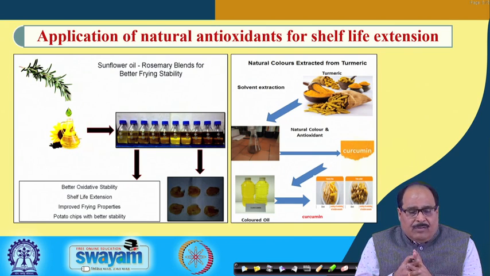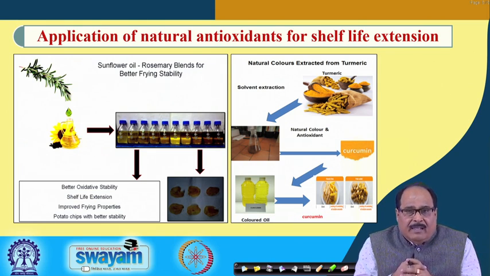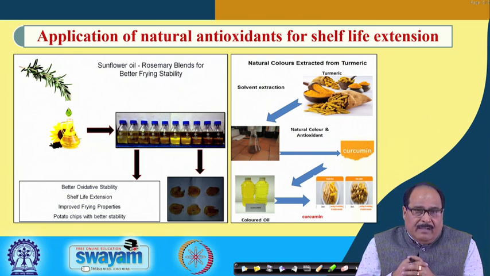So, these natural antioxidants have a lot of potential. They can be used for shelf life extension of food materials. As I told you in the beginning of this lecture itself, in our laboratories we have worked on the use of natural antioxidants like those extracted from rosemary, as well as the curcumin extracted from turmeric.